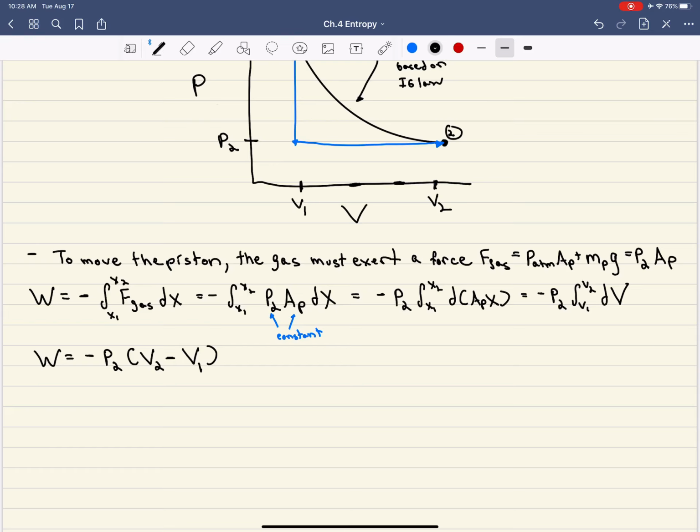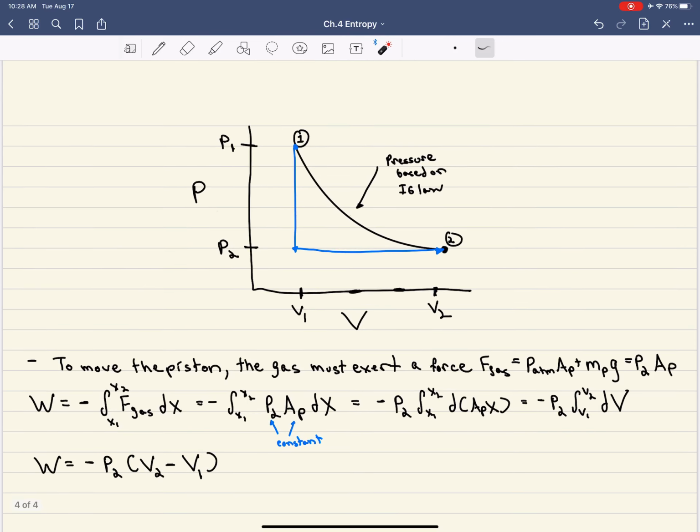But what we see now is that the work exerted by the process is just pressure times the difference in volume. Once again, we can illustrate that on our PV diagram as well. The work is just P times the change in V, and that's essentially the area underneath the curve here.